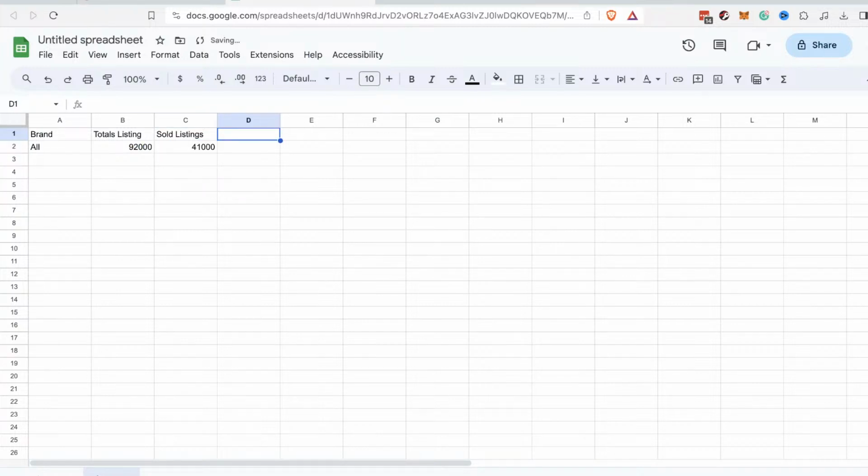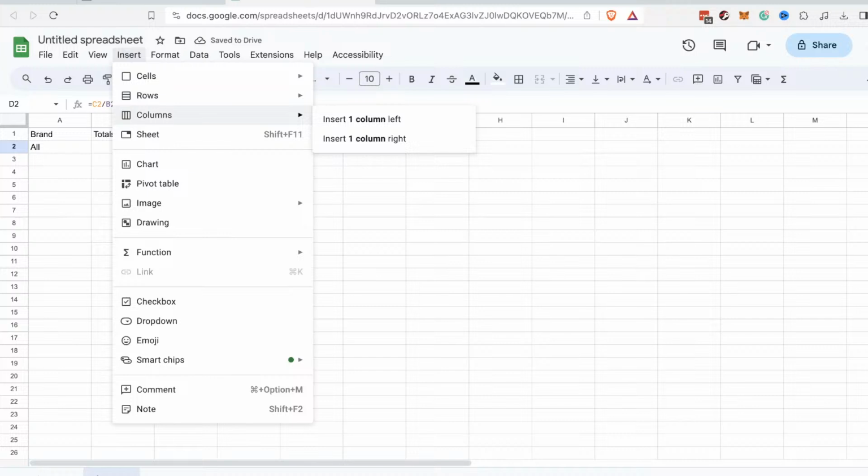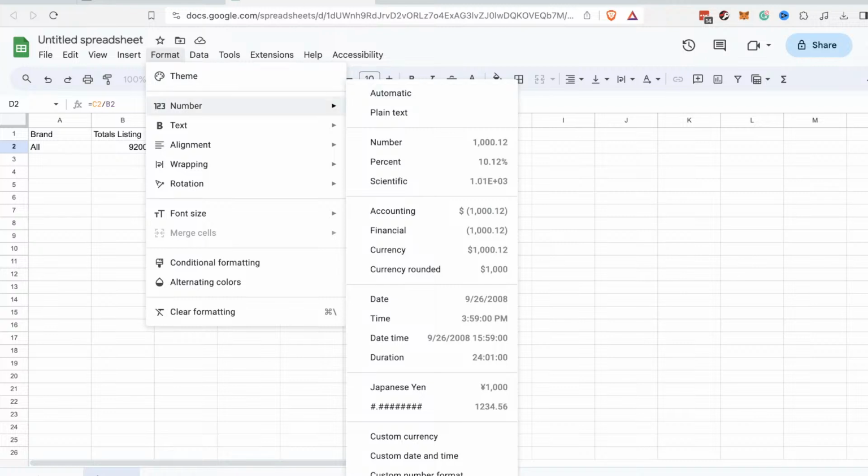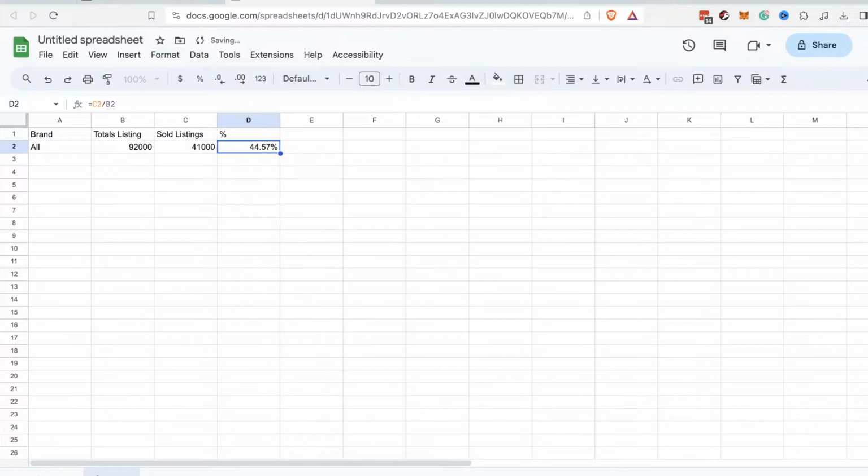So if we say, what is the percentage? Yep, so like 44%. Let me clean this number up a little bit. Format number, let's say percentage. So, yep, 44%.